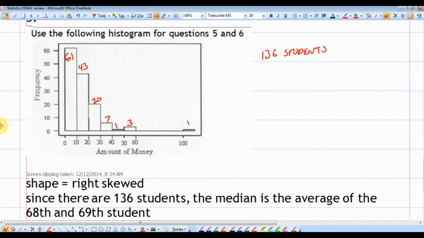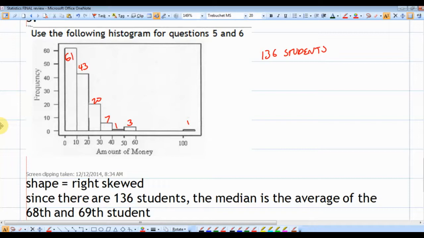Skew really means where the mean is in relation to the median. In a distribution like this, the mean is going to be greater than the median, hence the right skew. But if you want to take a look visually, if the peak is on the left, then it's right skewed.